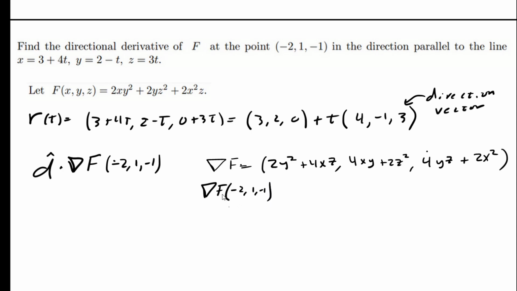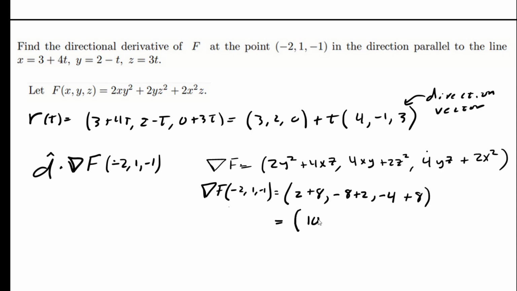This isn't the same as before because we have different points. So this is going to be 2, and then we have 4 times 2, that's plus 8. And here we have 4 times xy, so that's going to be -8 plus 2. And we have 4yz, so it's going to be -4 plus 2 times 4, which is 8.